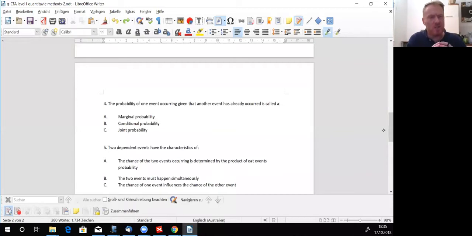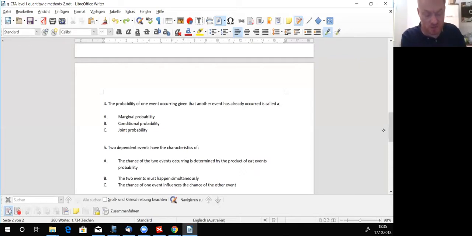Question C is easy because it's wrong, and one can see at a single glance it's wrong. A joint probability is A and B happening at the same time, not anything different from that. So C is wrong. It's not the one thing that I described before, like the one event occurring given that another event has already occurred, which is a conditional probability, as one can see very clearly.